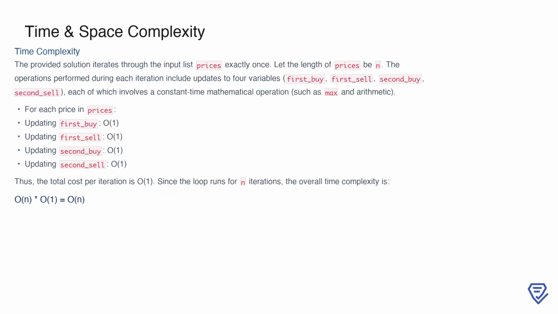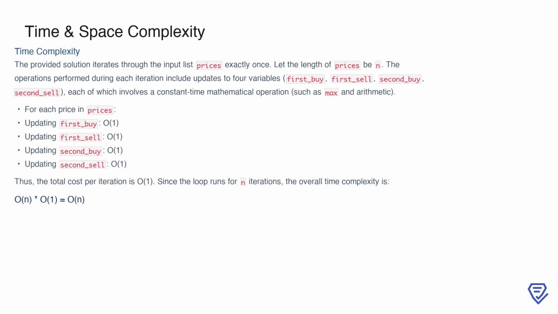In analyzing the time complexity of the solution, we begin by looking at how the algorithm processes the input list of prices. The solution iterates through the list exactly once, where the length of this list is denoted as n. During each iteration, the algorithm updates 4 key variables: first_buy, first_sell, second_buy, and second_sell.